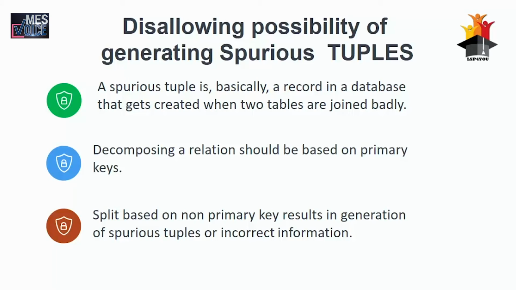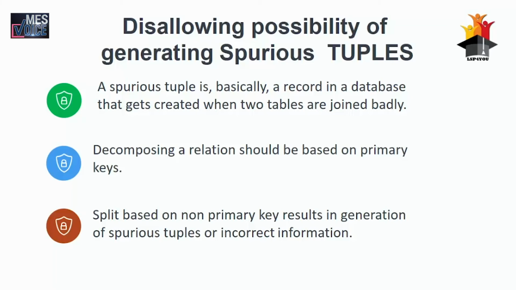And while rejoining the decomposed relations, sometimes we may not be able to get the original tuples of the base relation. What is spurious here? It means generation of extra tuples without our notice. This will get generated whenever we attempt a natural join. Spurious means wrong information which is not valid.